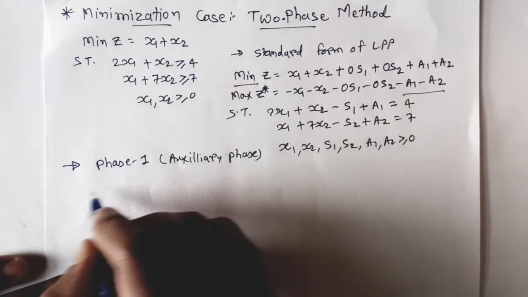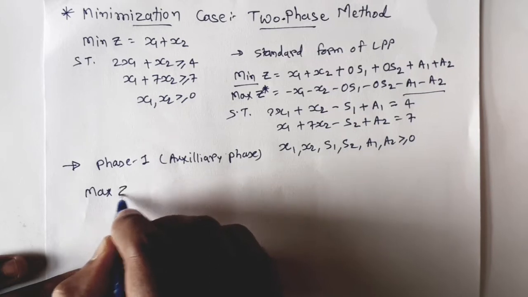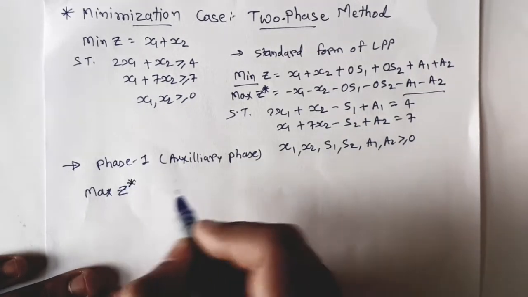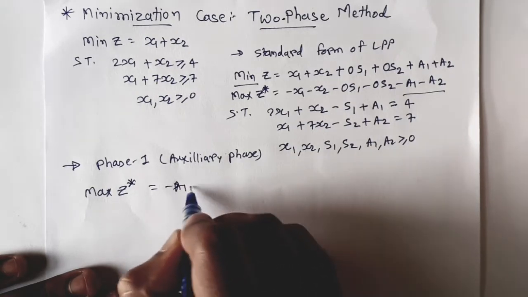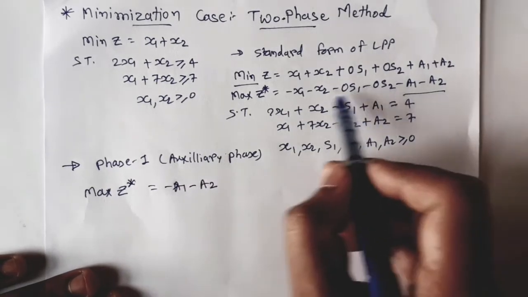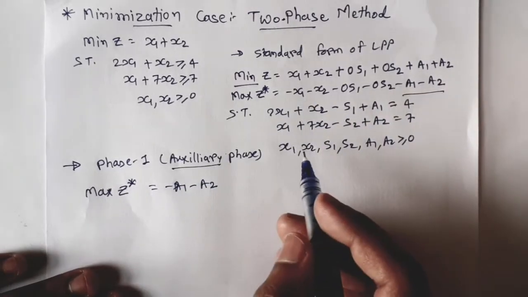So in phase 1, maximize Z star equal to minus a1 minus a2, because we neglect the objective terms for the other variables in this auxiliary phase.